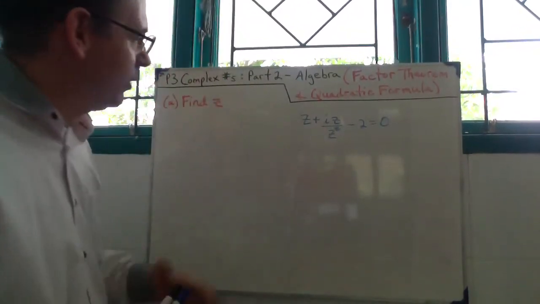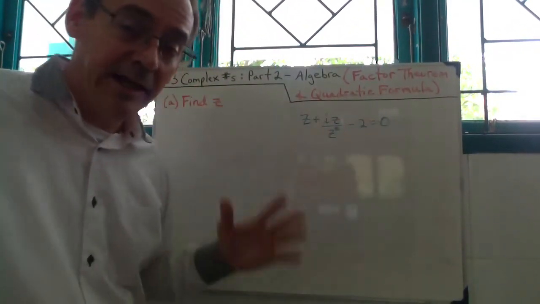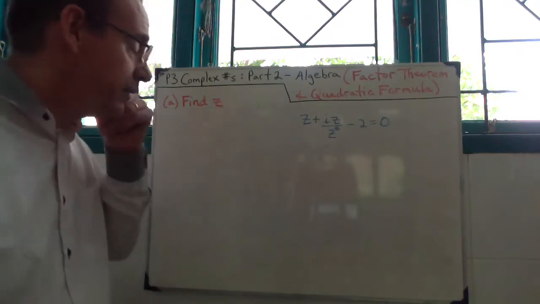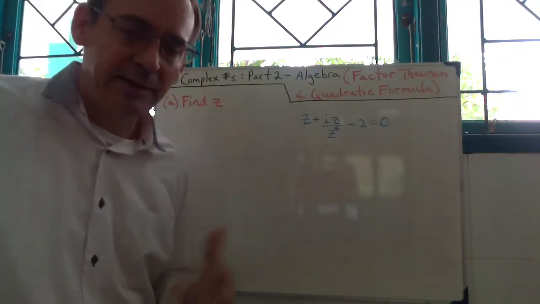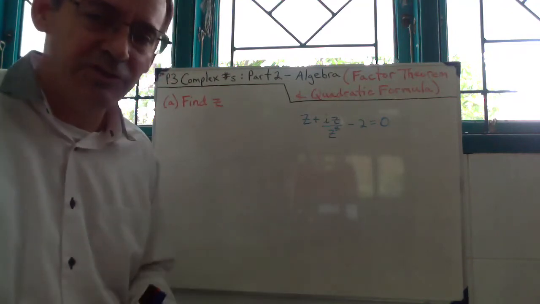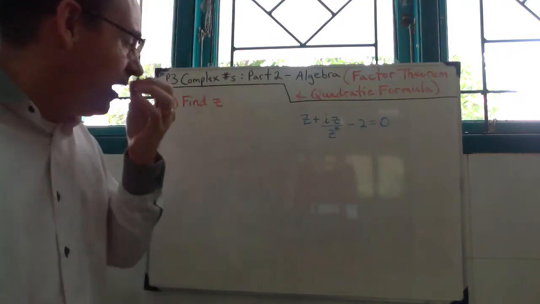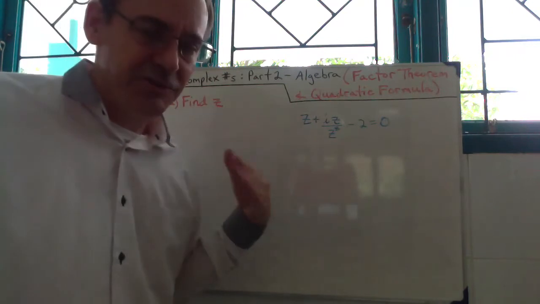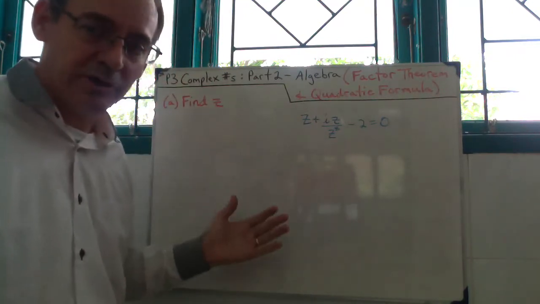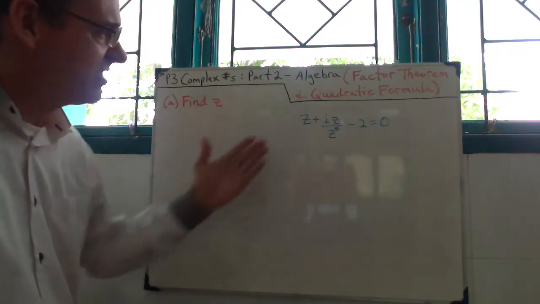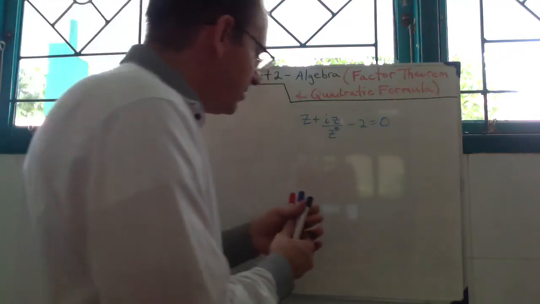And we are solving this equation. We want to find z. Well, we're told that z and z star are conjugates. So we're going to use that to help us solve this. The order in which you do this is kind of up to you. You can substitute in first, or you can clear the fractions. Let's just go ahead and clear the fractions.